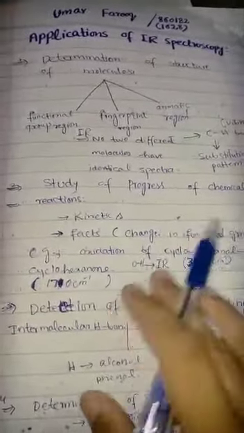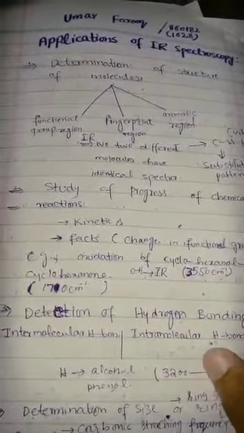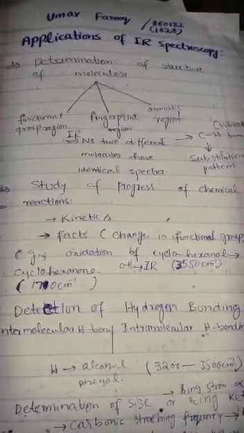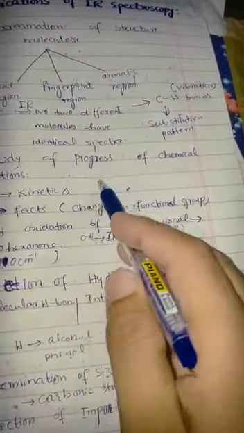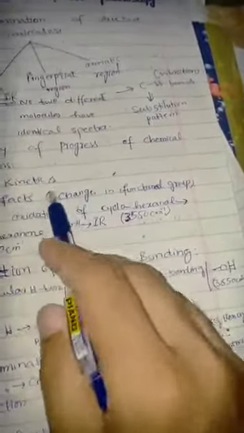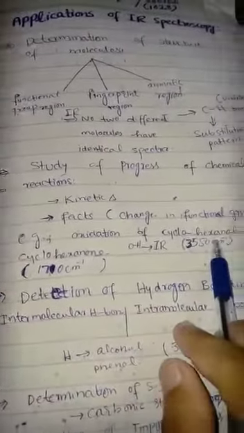that is, by this IR spectroscopy we can also find out the progress of the chemical reaction. As we know, we can study the kinetics of reaction by IR spectroscopy, that is, the change in functional group. Let's take an example, oxidation of cyclohexanol.